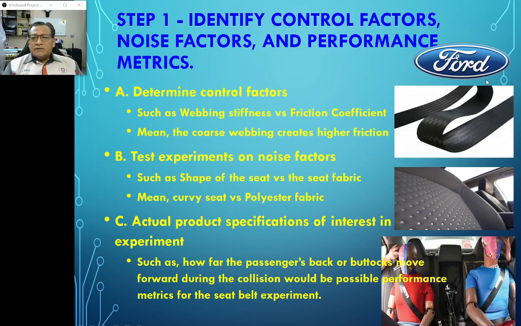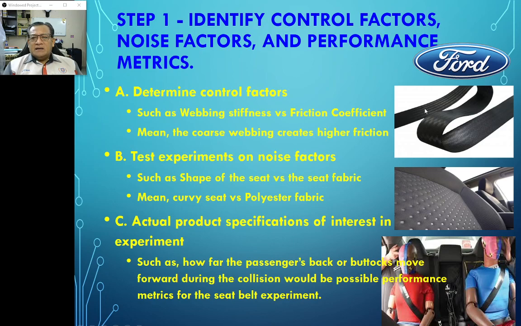So if you take a look at the seat belt structure, the surface has a crisscross, or slightly different webbing kind of patterns. So this is what they call webbing, and this webbing will determine the stiffness of the belts, right? And this factor, factor A, is being tested against a friction coefficient, right?